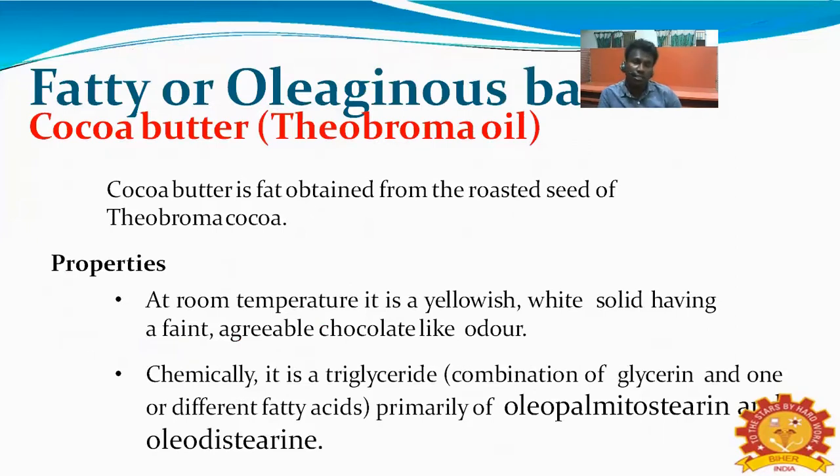Fatty and oleaginous base is nothing but cocoa butter, the fat obtained from the roasted seed of Theobroma cacao. At room temperature it is yellowish white and solid, having a faint, agreeable chocolate-like odor.